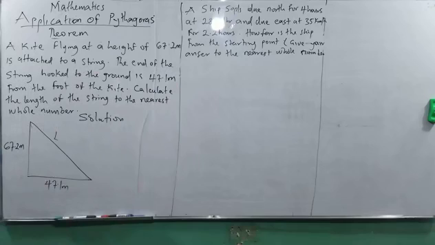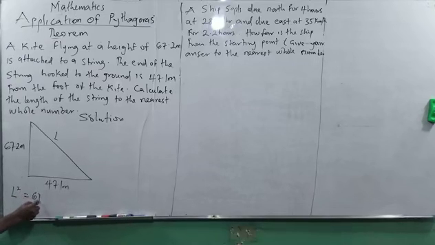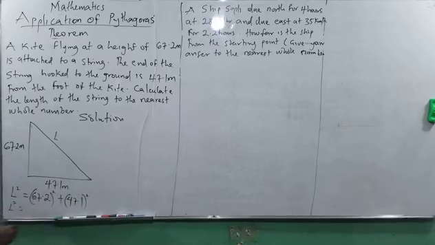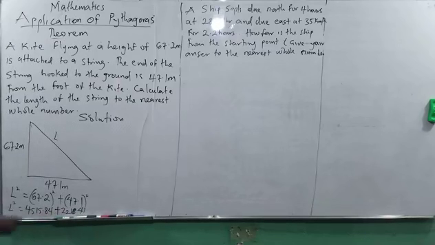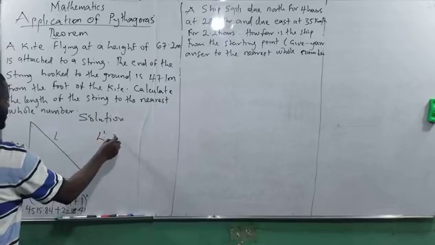Now look at this. I will go for my Pythagoras theorem. We say that my hypotenuse squared equals 67.2 squared plus 47.1 squared. If I square these numbers, I will have 4515.84 plus 2218.41. If I add them up, my L squared equals 6732.25.